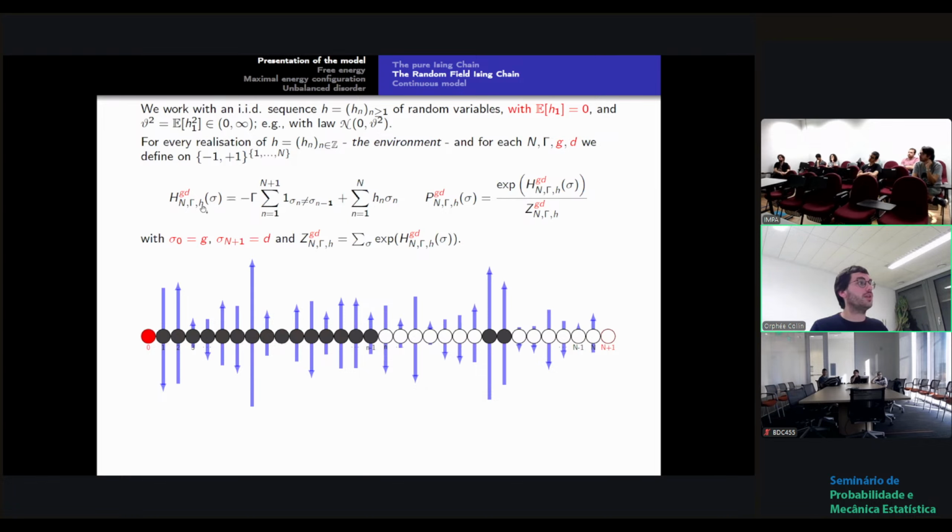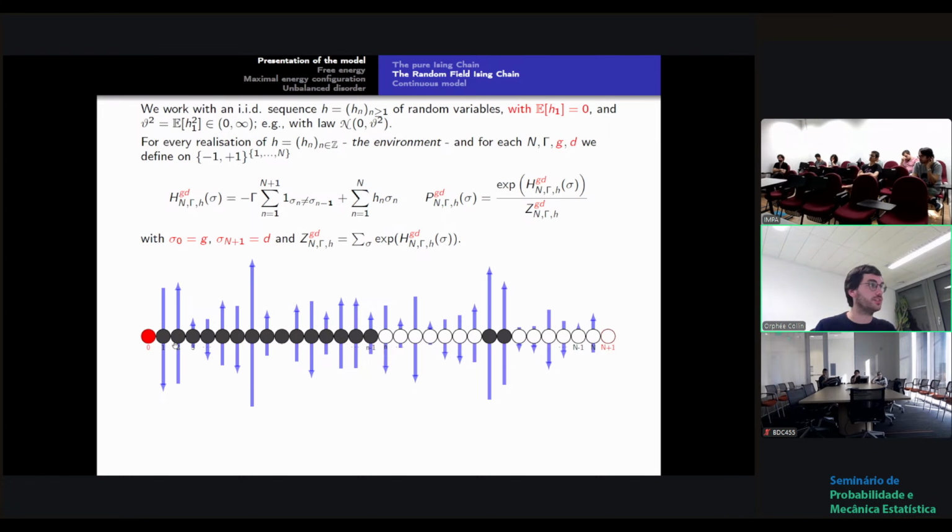So you see that now the Hamiltonian is a random function, because the random sequence H intervenes, and also the Gibbs measure is a random measure. For each realization of H, we consider this random measure, and our aim is to say how the system will behave. Again, there's a partition function, which is a random variable.